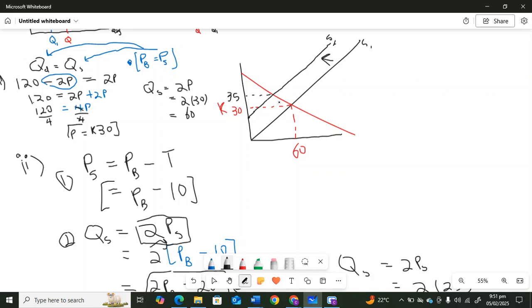So our supply curve, because of the tax, shifts, and quantity supplied reduces to 50 there.